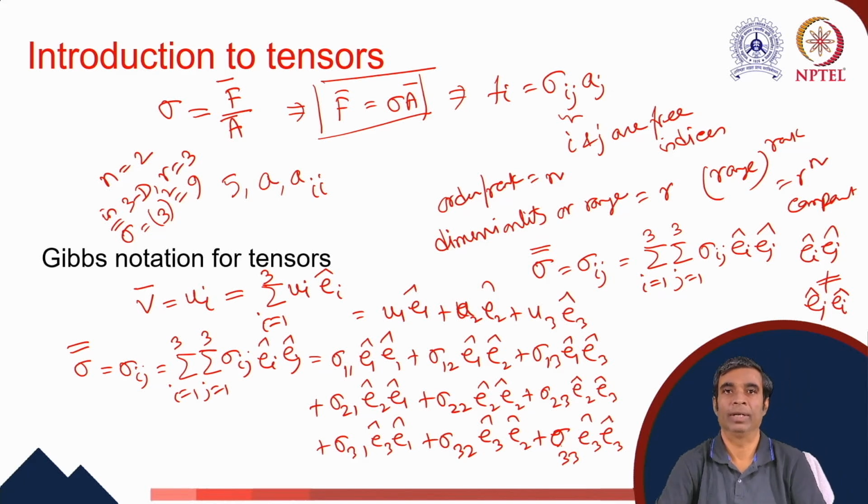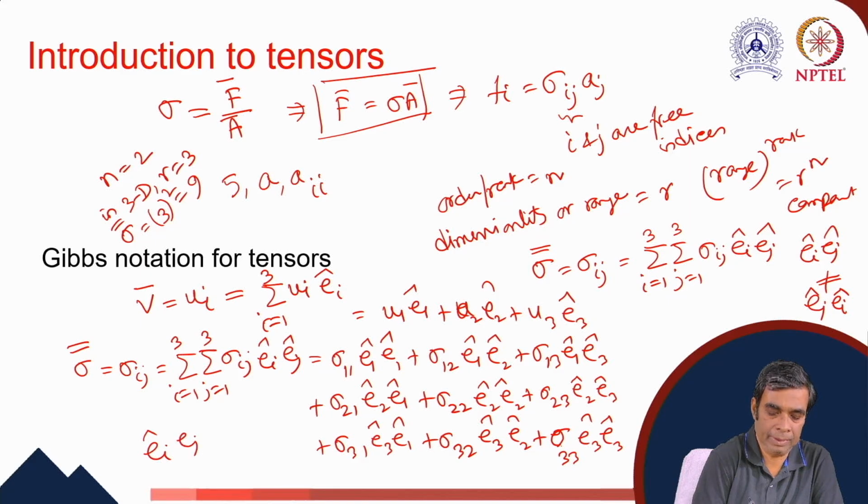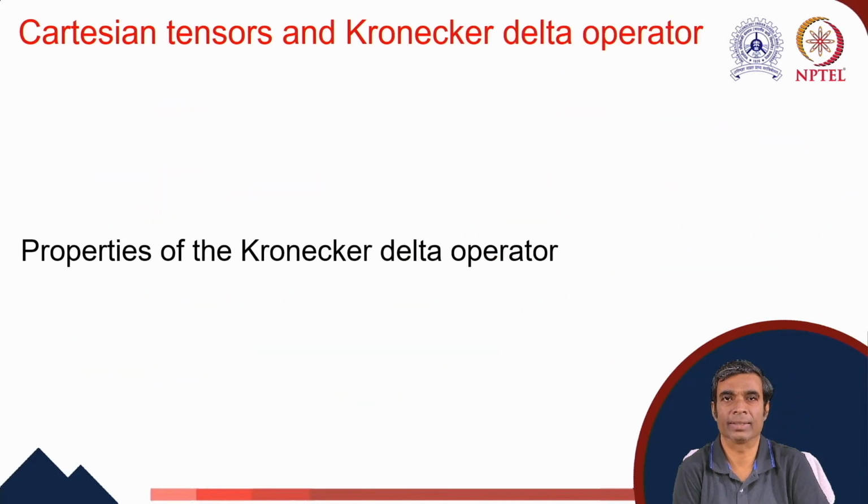As I have mentioned, this ei cap ej cap is a dyad and we cannot change the positions. Similarly, ei cap ej cap ek cap form a triad and they are used for third order tensors.